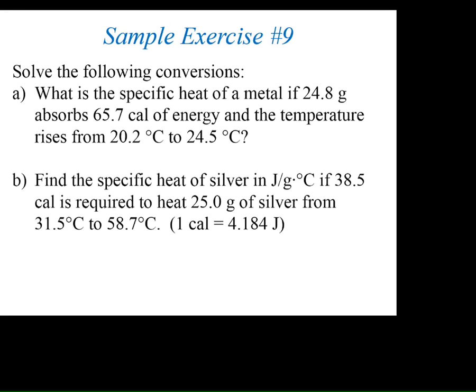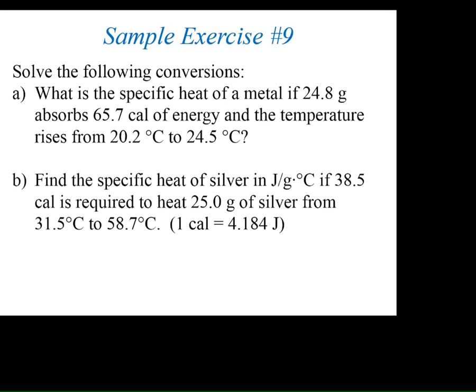So let's figure out what the specific heat is. Just plug into our calculation here. We're trying to find variable C, the specific heat capacity, technically. So we need to know the heat, the mass, and the change in the temperature.